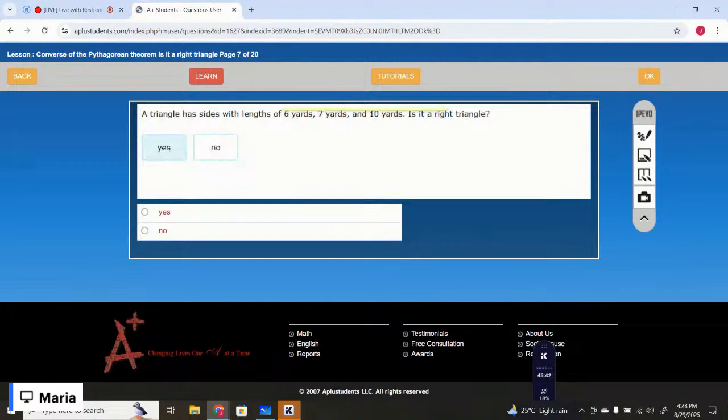A triangle has side lengths of 6 yards, 7 yards, and 10 yards. Is it a right triangle?